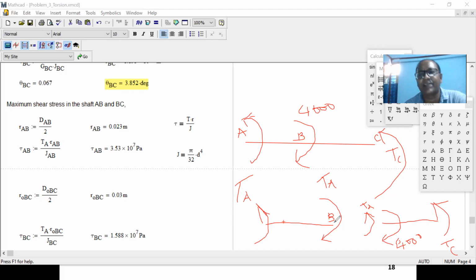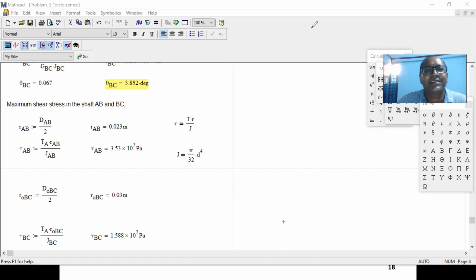Thank you, sir. Okay, but your conception we can clear more, that if you like to start with the right side, say at point B we have 4,000 torque. Right over here we assume anti-clockwise.